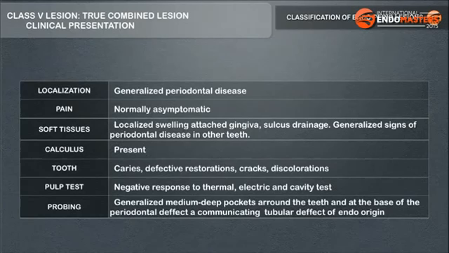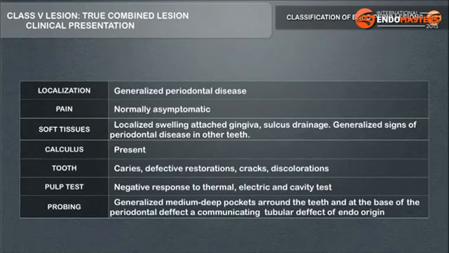Soft tissues exploration normally reflect a localized swelling in detached gingiva and oral drainage from the gingival sulcus. Adjacent teeth normally show signs of periodontal disease. Tooth normally shows deep caries, huge defective restoration, crack lines or discoloration, which correspond to the portal of entrance of the bacteria to the pulp tissue.